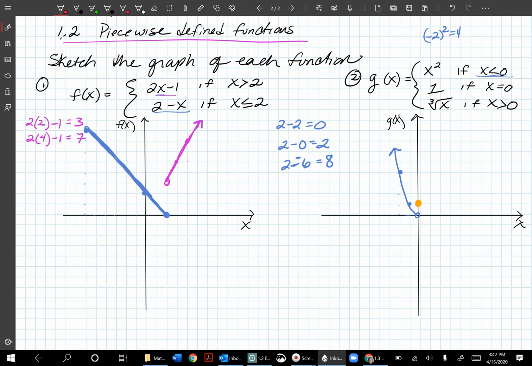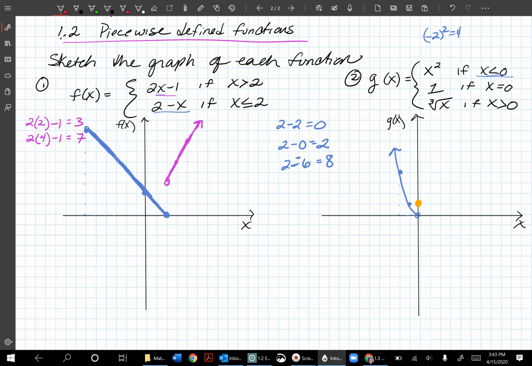So for anything greater than 0, for x we put in, we are going to have the cube root. So if we have 0, or we actually can't have 0.